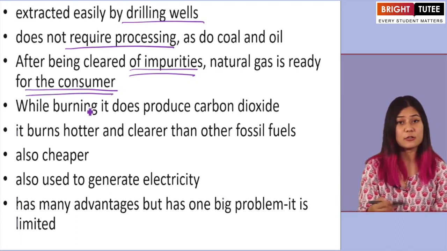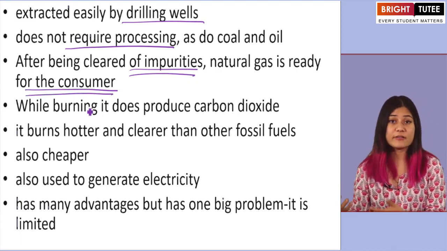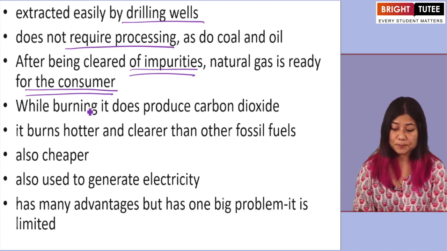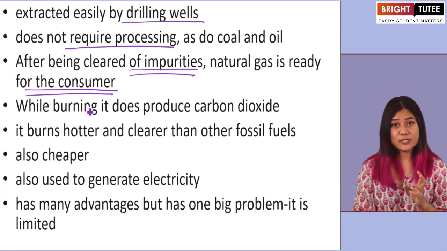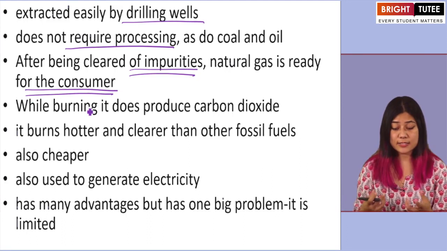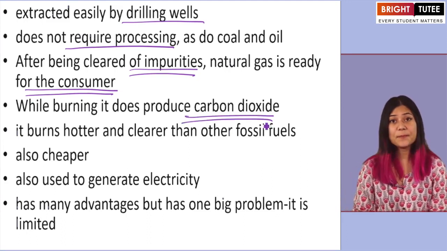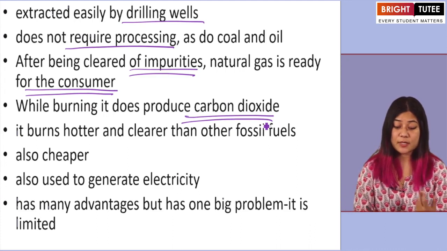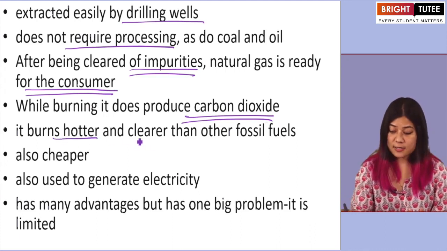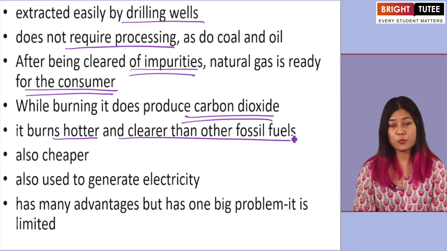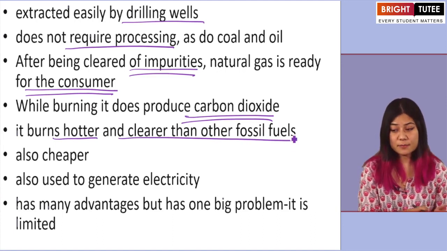and after that it is ready to be used by the consumer for carrying out activities. While natural gas is burnt, it produces carbon dioxide. But it burns hotter and cleaner than other fossil fuels, which are petroleum and coal.